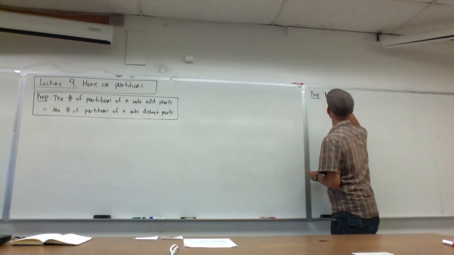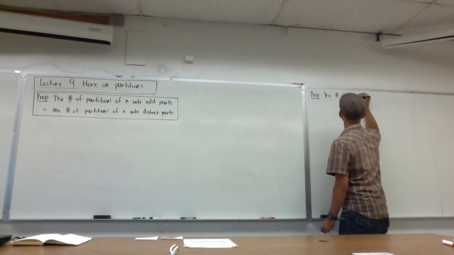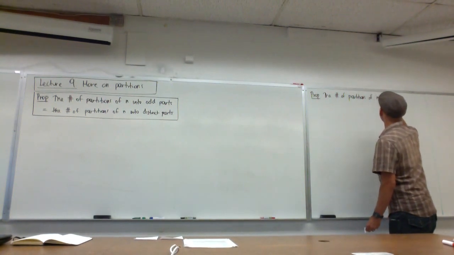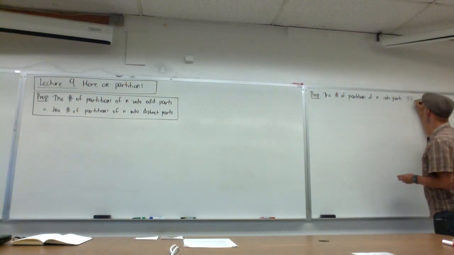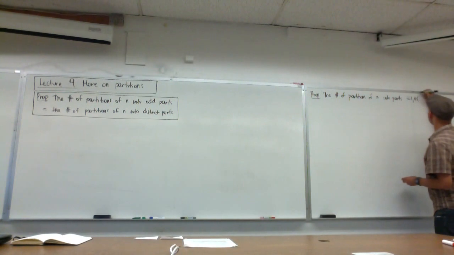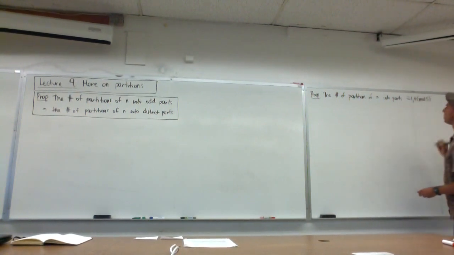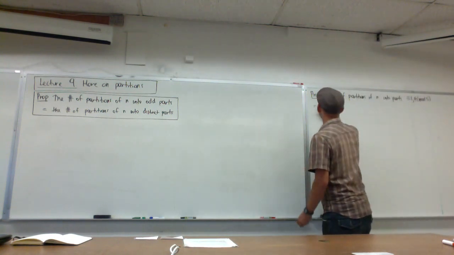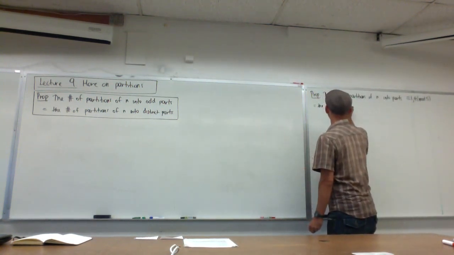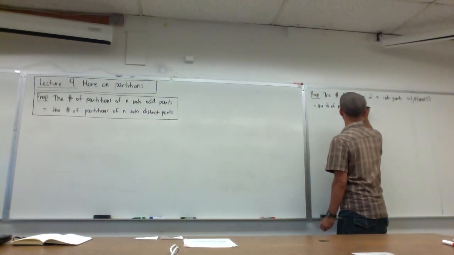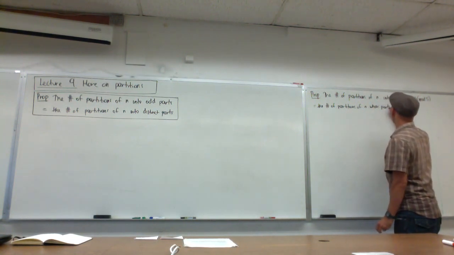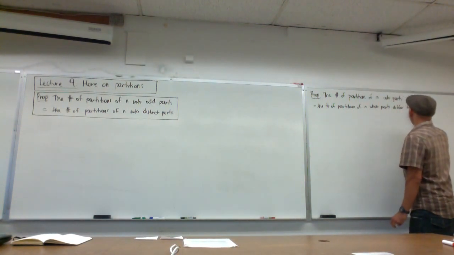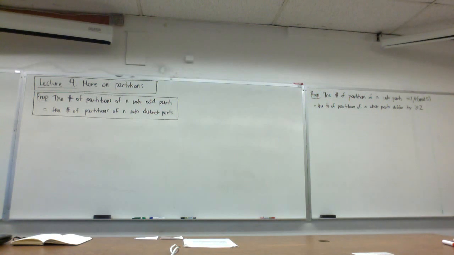This is that the number of partitions of n into parts which are either congruent to 1 or 4 mod 5 equals the number of partitions of n whose parts differ by at least 2. So you're not allowed to use k and k plus 1 as parts.